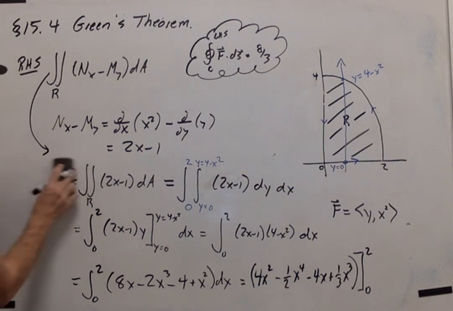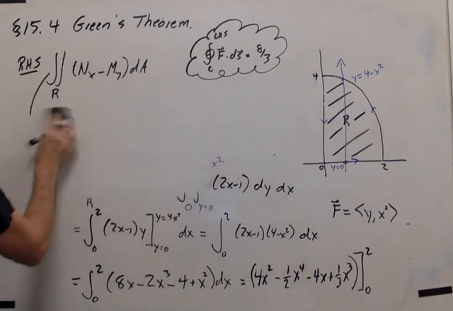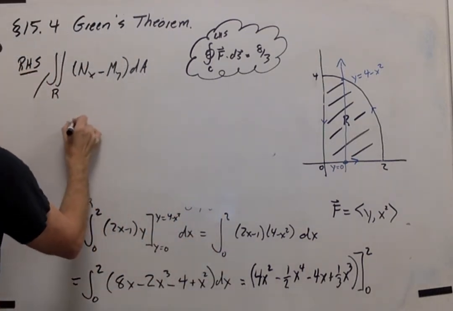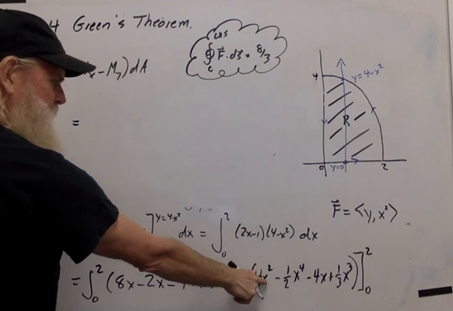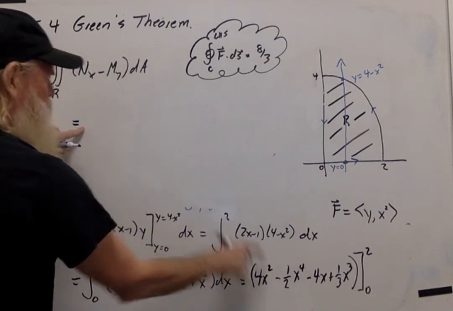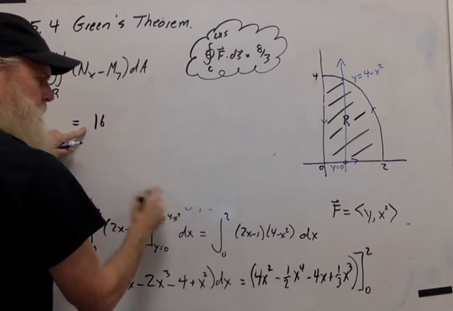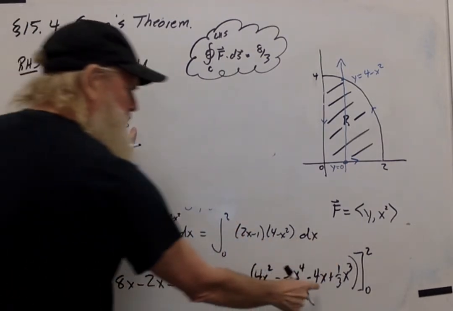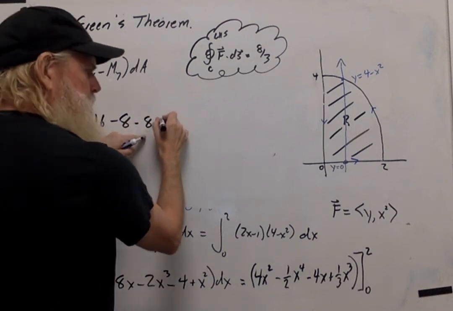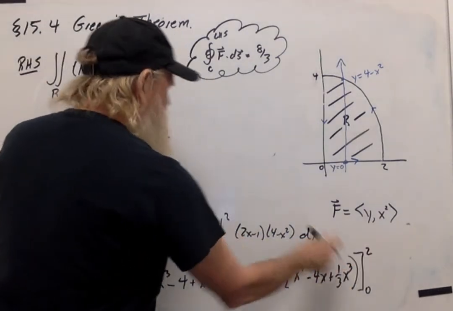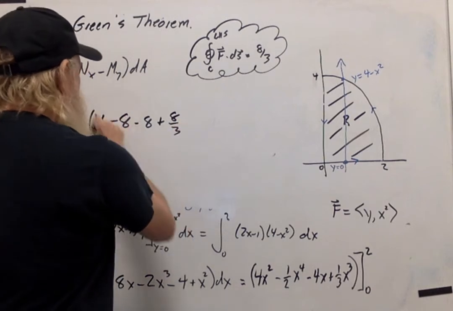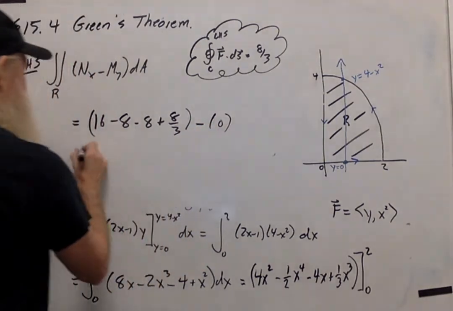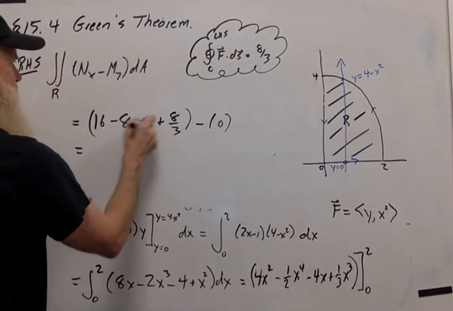Unfortunately, I've run out of space there, so I'll continue up here. Plugging in the 2, I get 4 times 4, which is 16, minus 16 over 2 is 8, minus another 8, plus a third of 8, minus, when I plug in 0, I get all zeros. 16 minus 8 is 0.